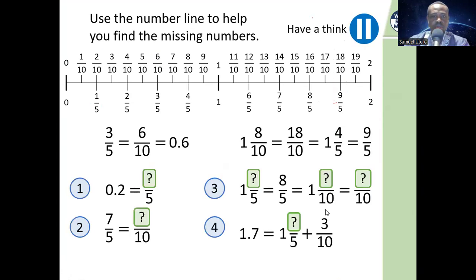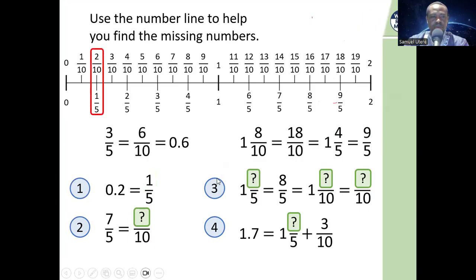What about these ones? We can still use the number line to complete them. So 0.2 is 2/10, which is 20 hundredths. 2/10 is 20 hundredths, which means we've split the 100 squares into 5 little bits. So if we have one lot of that, which is 20, that will be 1/5.